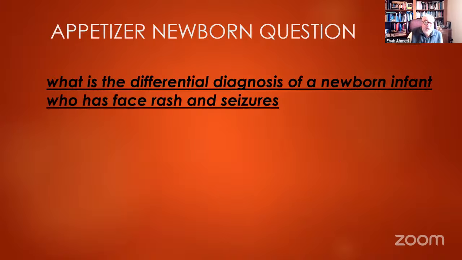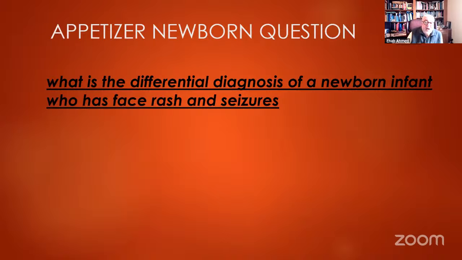None of you did it the way I like. I see infection, HSV, TORCH, traumatic, Sturge-Weber. No, this is not the way to reach the diagnosis. You have to go by broad items and then underlying causes.